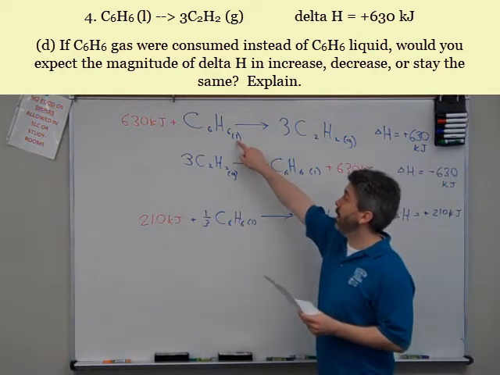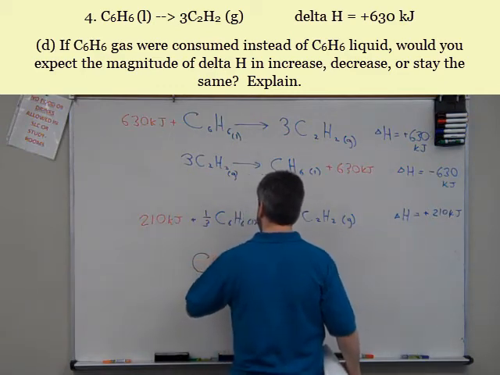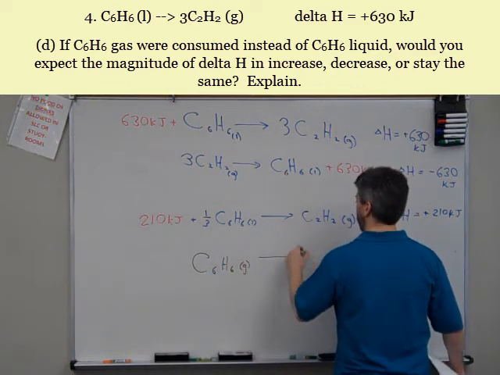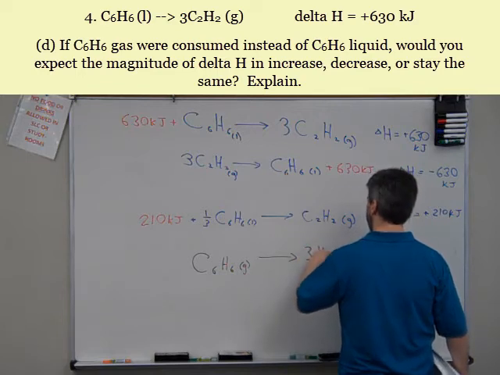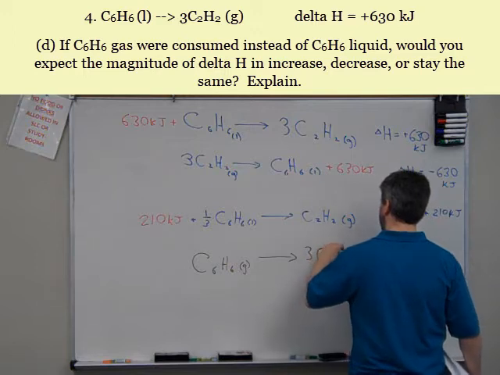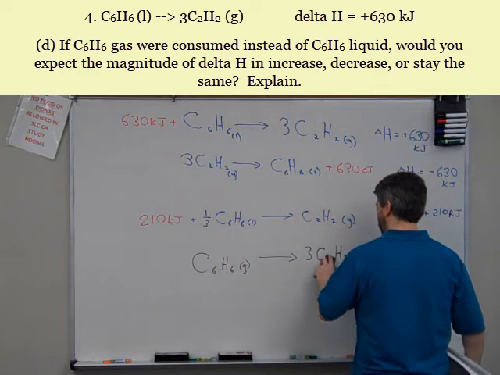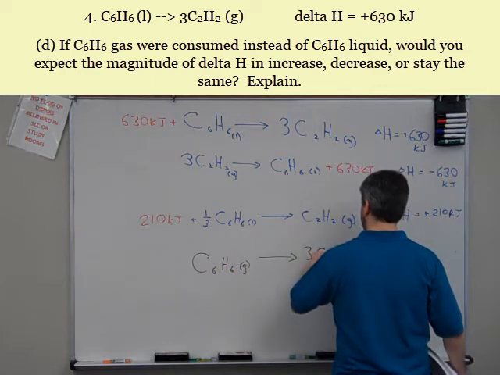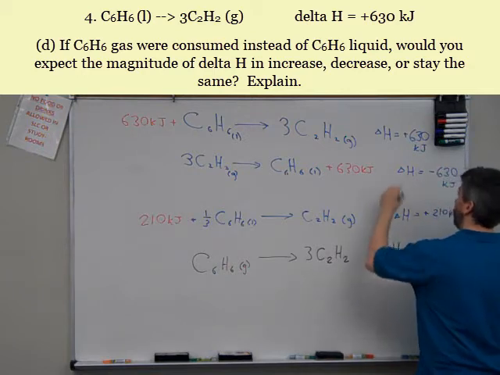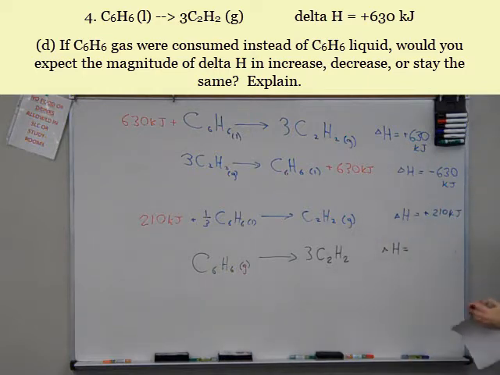So in other words, instead of the liquid here, if I had C6H6 gas going to 3C2H2, I cannot draw today. Okay. Then what would happen to the magnitude of delta H? Would this increase or decrease?